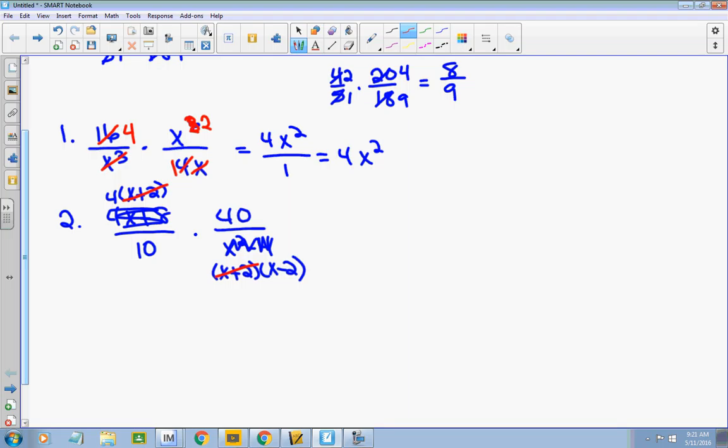The 10 and the 40. Okay, this becomes a 1. This becomes a 4. I think that's probably all I can do. So I multiply what's left, 4 times 4, which is going to be 16. And then 1 times x minus 2. So I end up with 16 over x minus 2.